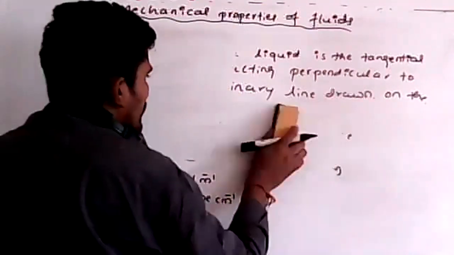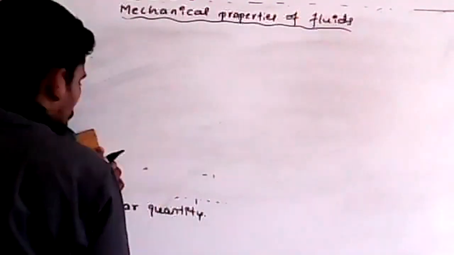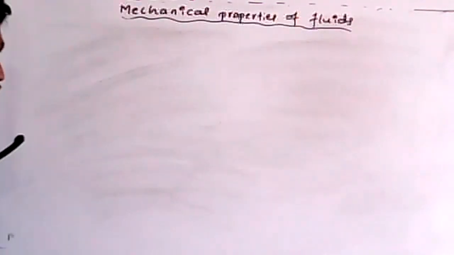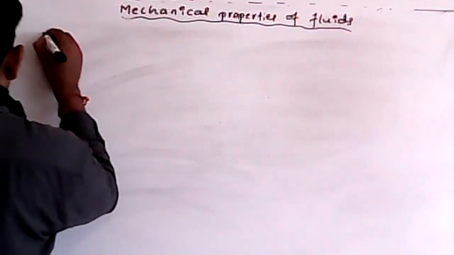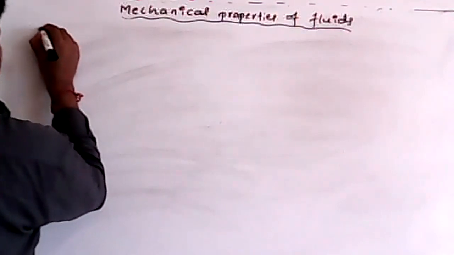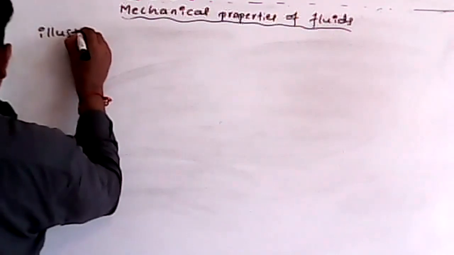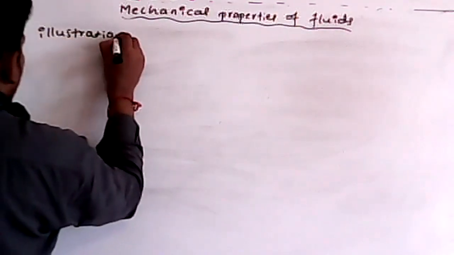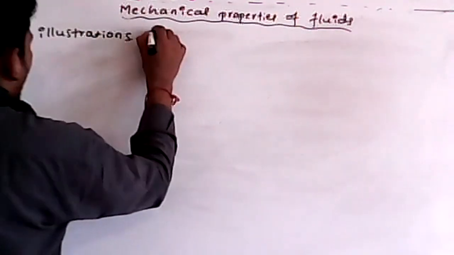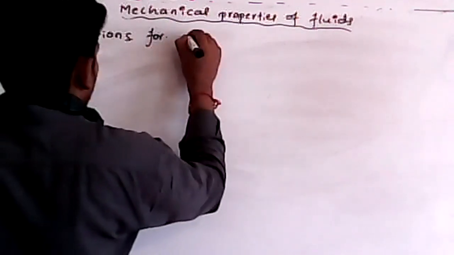What is the illustration or example of surface tension? We will see a few examples, live examples of surface tension. So write down illustrations or application or example, whatever it may be, for surface tension.